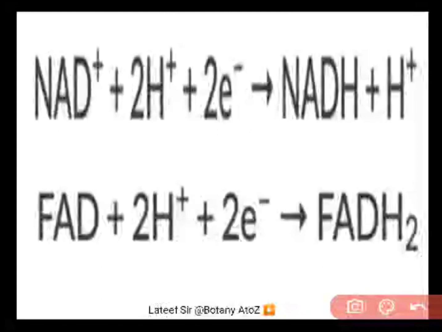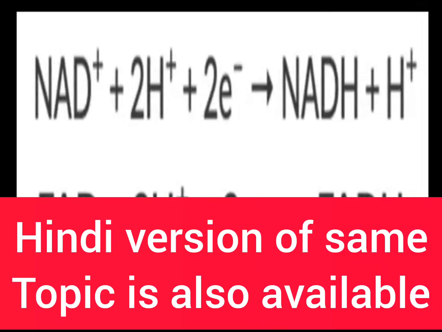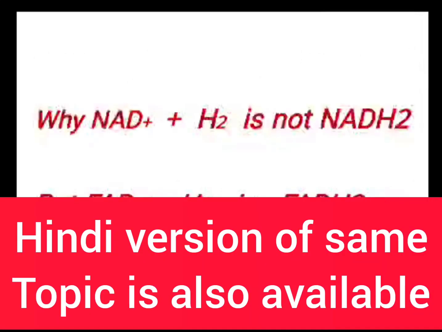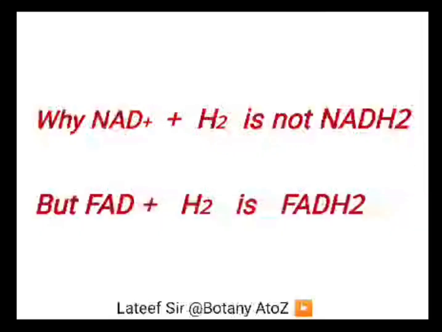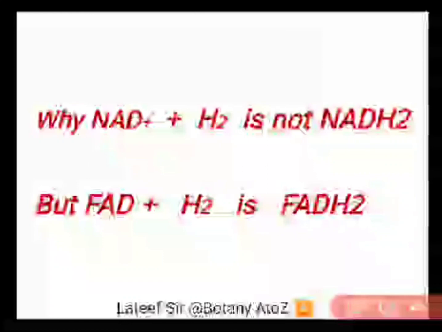As I already mentioned, both of these are coenzymes that act as electron donors, proton donors, or sometimes as electron acceptors and proton acceptors. It depends on whether they are in their oxidized status.